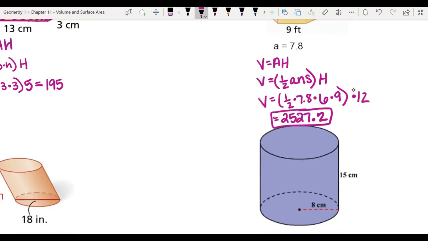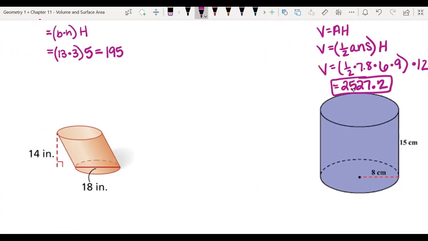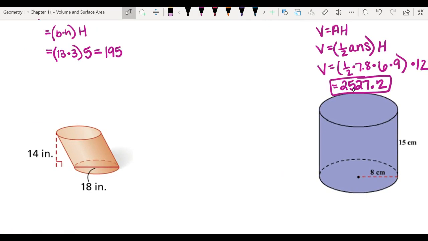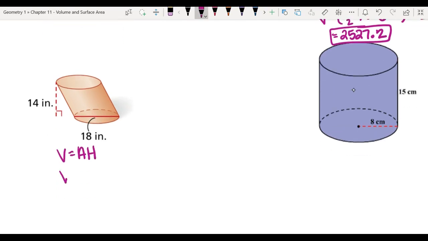Okay, so this next one uses that Cavalieri's principle. Our volume formula is AH. So volume equals the area of a circle, pi r squared, and then times your height. So it's going to be pi times, what's your radius of this? 9.